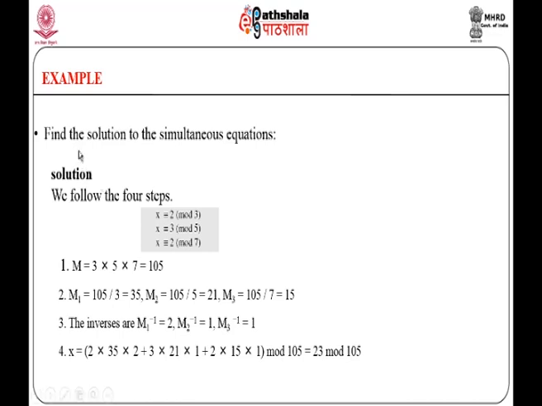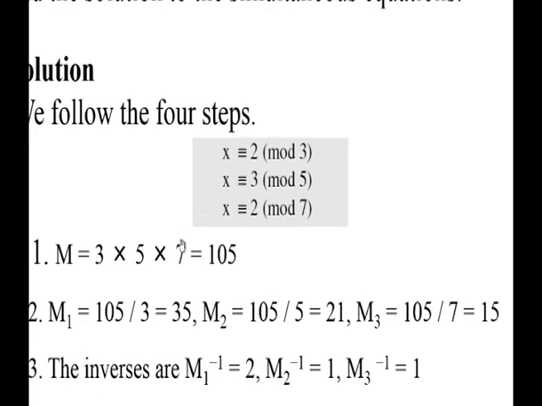This solution to simultaneous equations, we follow the 4 steps as we already know here. x is congruent to 2 mod 3, x is congruent to 3 mod 5, x is congruent to 2 mod 7.